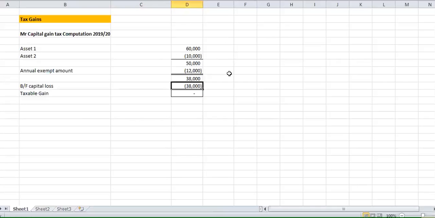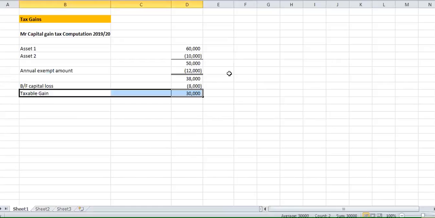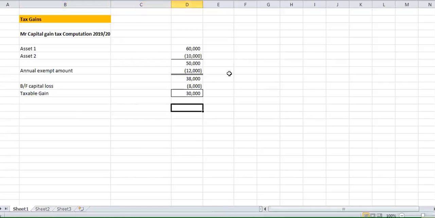After that, suppose we have a brought forward capital loss of just £8,000. So we deduct the brought forward loss. So now we have a capital gain of £30,000.